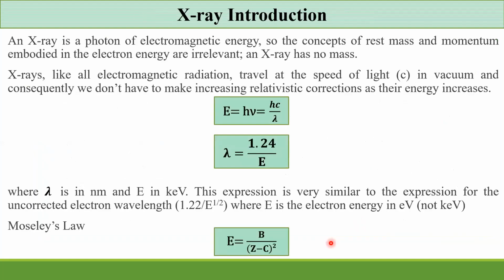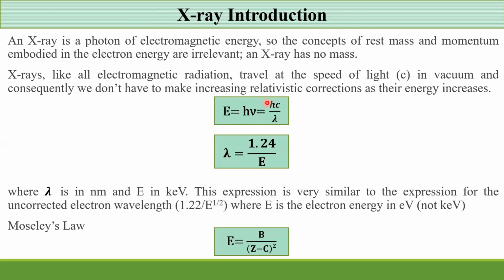So X-ray is a photon of electromagnetic energy. The concepts of rest mass and momentum embodied in electron energy are irrelevant, and X-ray has no mass. X-rays, like all electromagnetic radiations, travel at the speed of light in a vacuum, and consequently we don't have to make increasingly relativistic corrections as their energy increases.